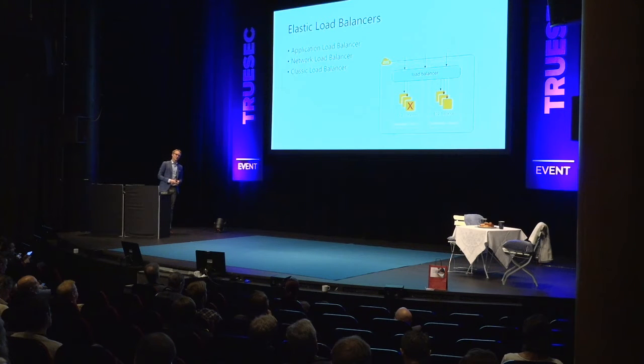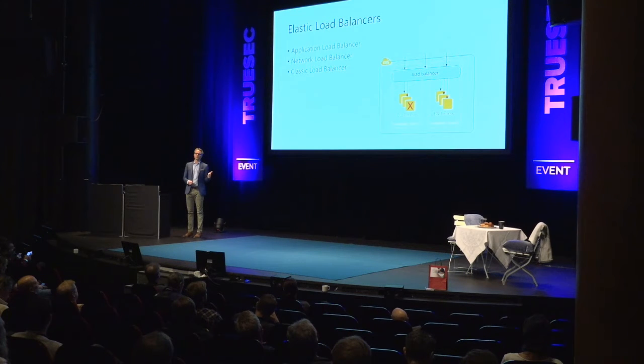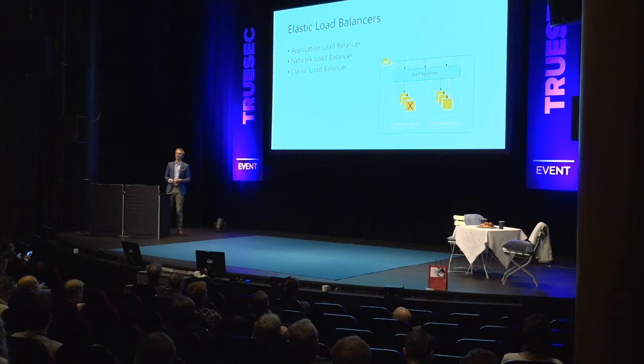And I would say that application load balancers are the most common to use. That's for most HTTPS, HTTP-based applications, like web services and web applications, where you can have path-based routing and things like that.